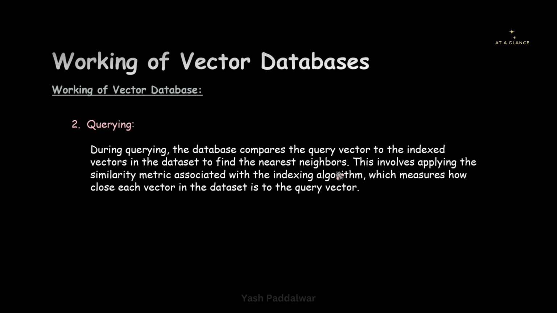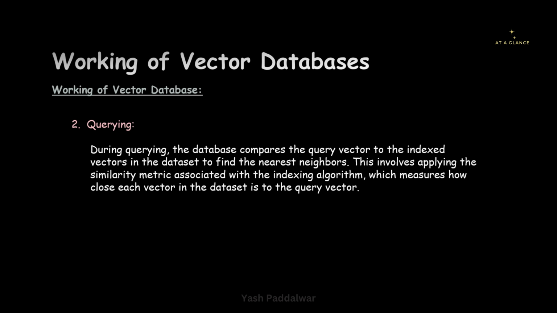Whatever algorithm we have used, there will be a similarity metric for that algorithm, and we can use that metric to find the closest match. It measures how close each vector in the dataset is to the query vector. Using that similarity metric, we can simply find out which vector is closest to the query vector. This is how, in the querying step, we find the closest match.